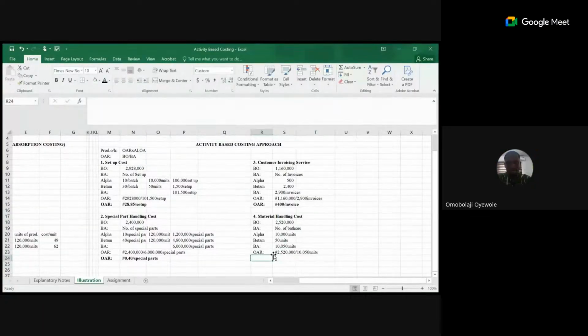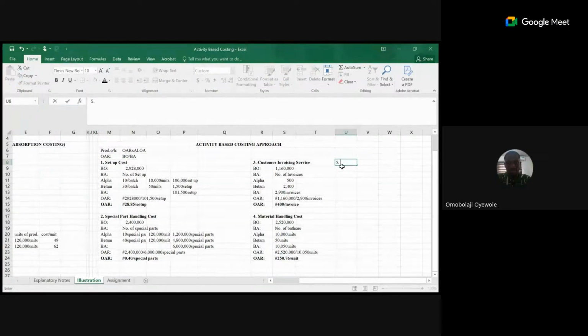That will give us 250.76 per unit. So that's the OAR based on material handling cost.